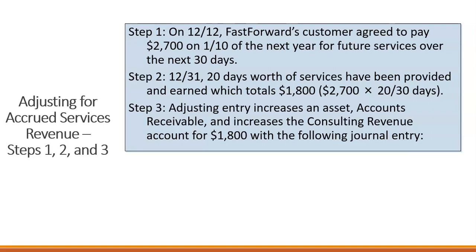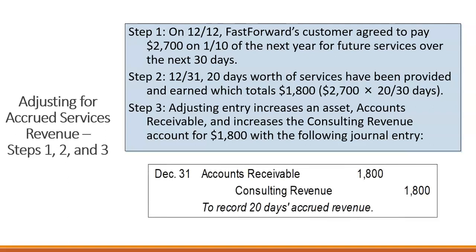Okay. So we have this accounts receivable where we bill the client for services and they've agreed to pay us in January. So now on December 31st, we have 20 days worth of services that have been provided and earned, which totals $1,800. So we're going to do an adjusting entry to recognize that accounts receivable, and we're going to recognize the consulting revenue.